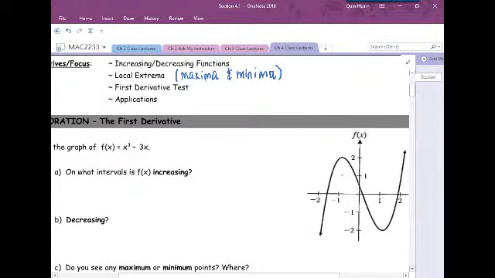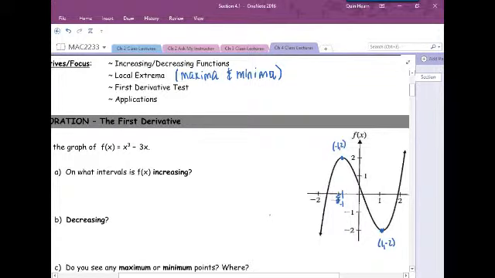It's supposed to be that right about here is where -1 is. This is the point (-1, 2), and here at the bottom is the point (1, -2). And we're going to answer questions about the graph.